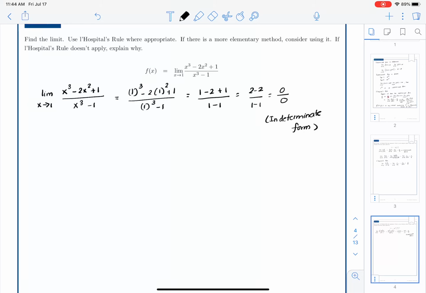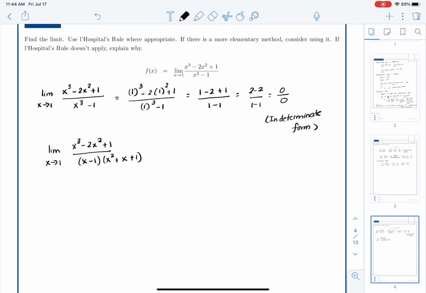The denominator, I could write it as x minus 1 times x squared plus x plus 1. Let's see if that works out.